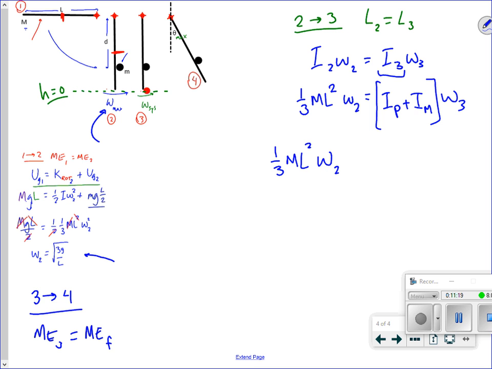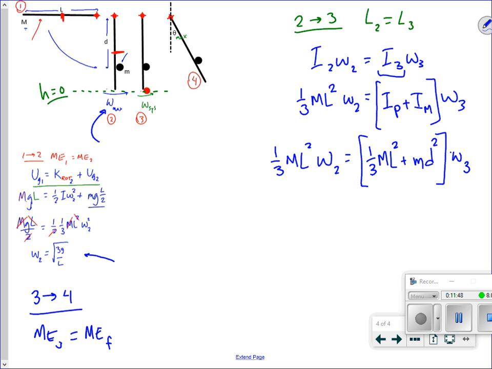Now, the object we're calling a point mass, little m, is located at d meters or whatever units of length from that axis of rotation. So there's its moment of inertia as a point mass, and here's the angular speed after that interaction.